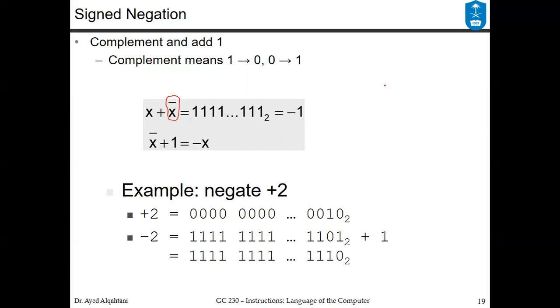Let's take a 4-bit example. If you have the number 5, the number 5 is this way in 4 bits. If you add this number, which is x now, to x bar, which flips everything, the ones complement, and you add them together, you will always end up with ones, which is the minus 1.